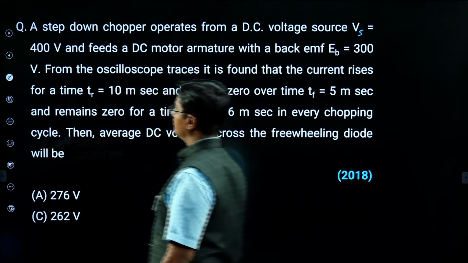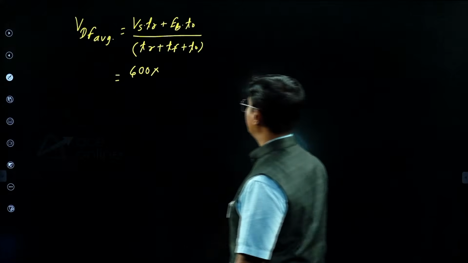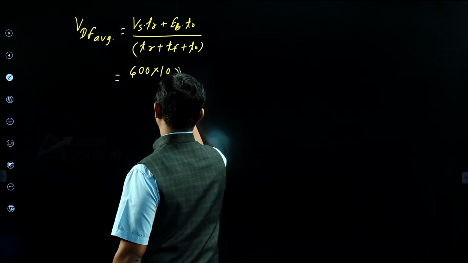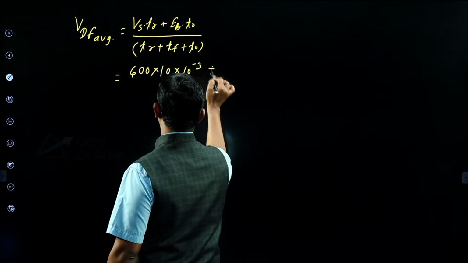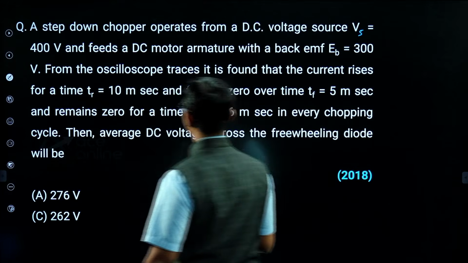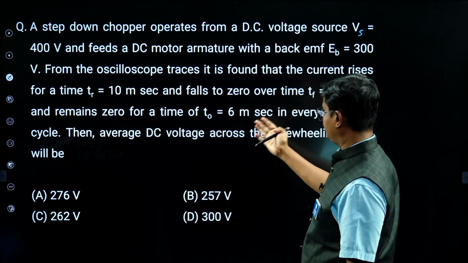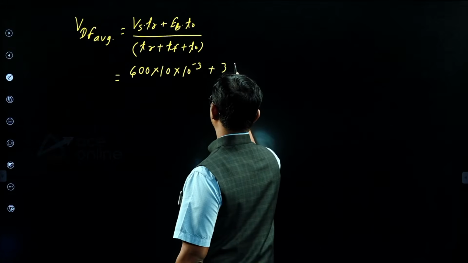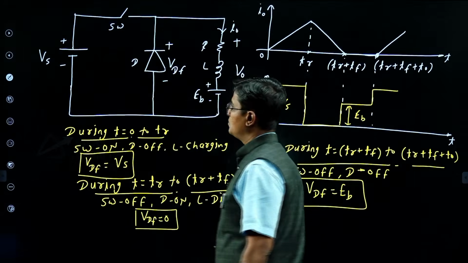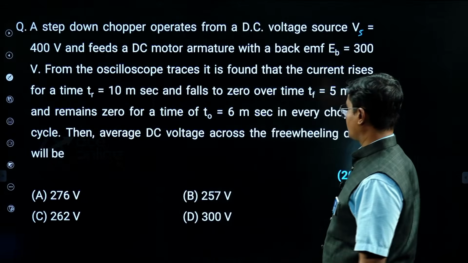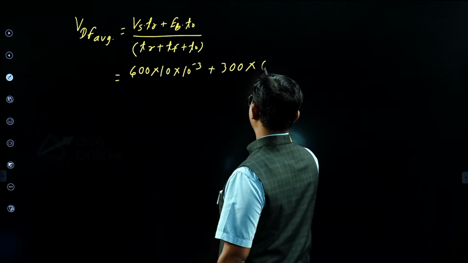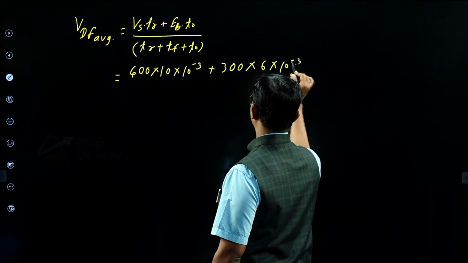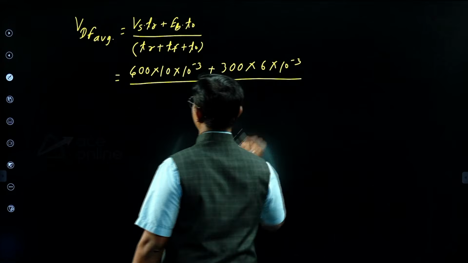into TR 10 millisecond plus EB back EMF 300 volt into T0 6 millisecond upon TR plus TF plus T0.